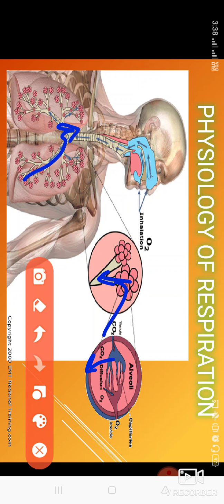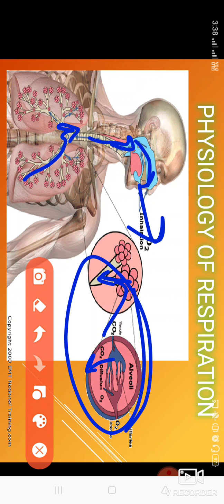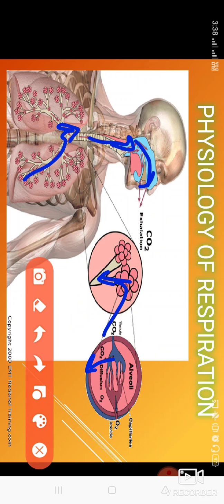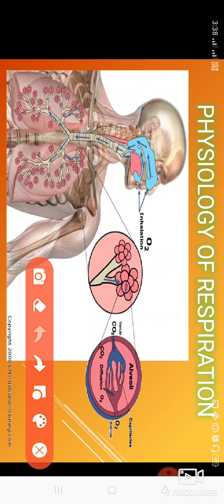From bronchioles it will move to the trachea, then to the nasal passage, to the outside of the nostrils. So this is how the gaseous exchange occurs during the process of respiration.